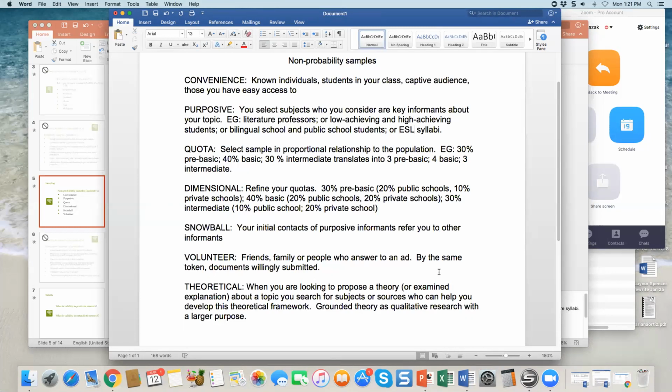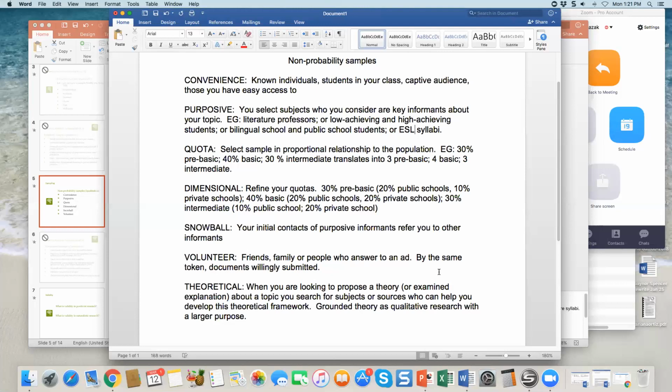Now, a quota sample is where you select your sample in proportional relationship to the population. So if we're looking at groups of language proficiency, so we have basic, intermediate, advanced.